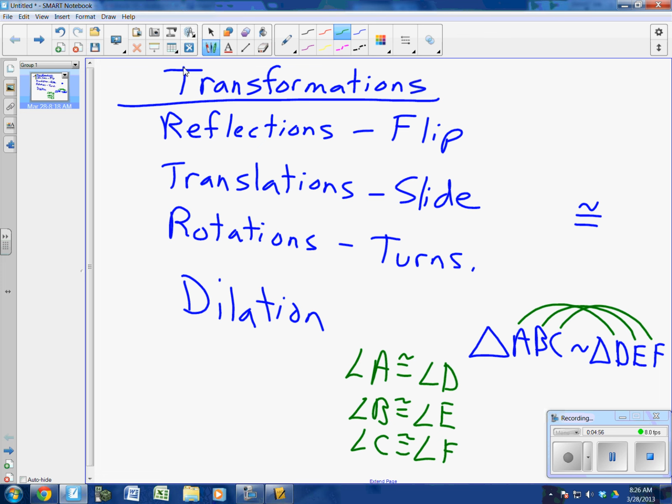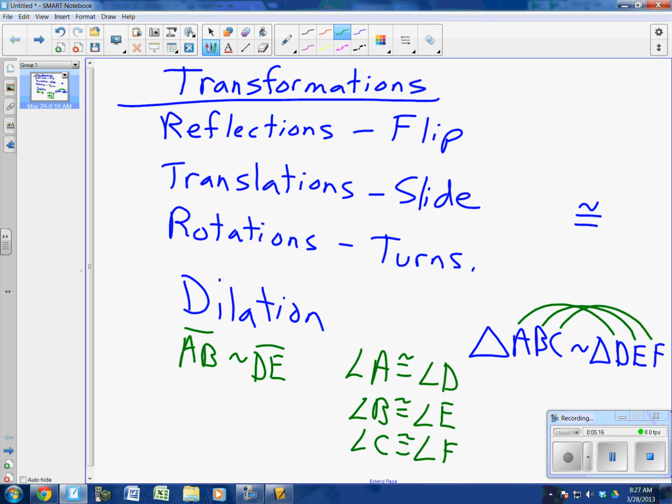Now, I could write this as well. Segment AB is similar to segment what, you guys? DE. Does everybody understand that? What are the other two similarity statements I can write about sides?